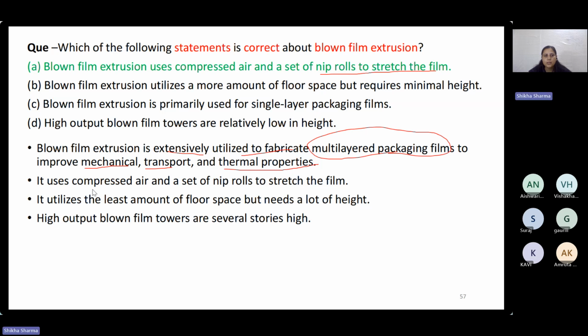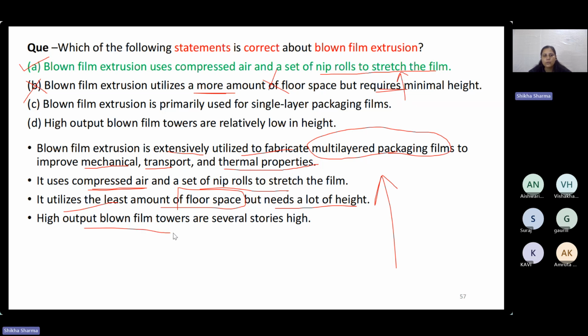It utilizes the least amount of floor space, but it needs a lot of height. So this is correct, but this is not correct because it utilizes less floor space, but height should be more.